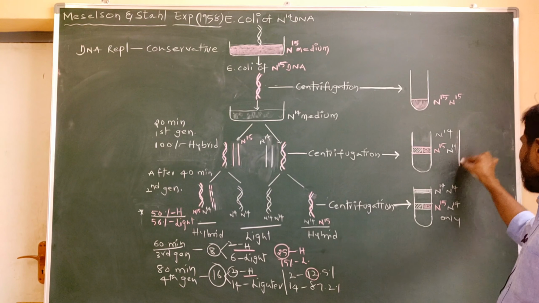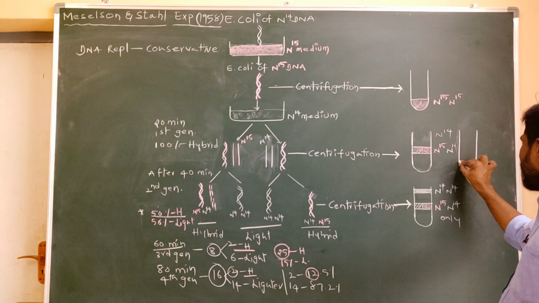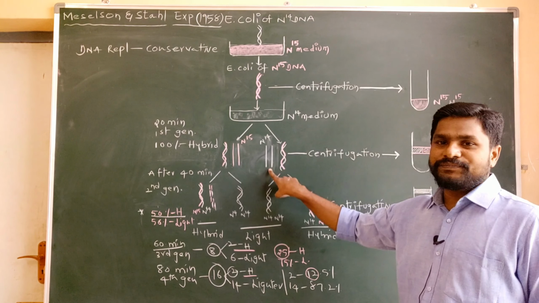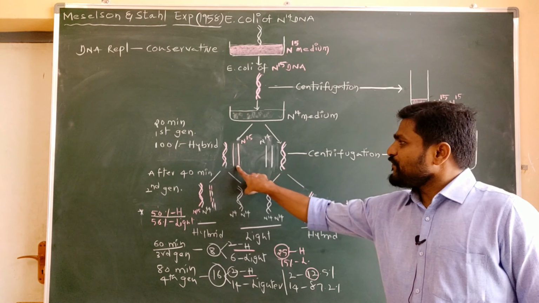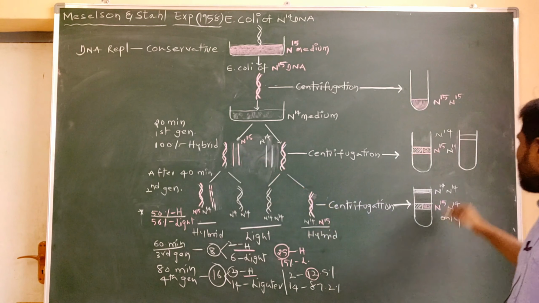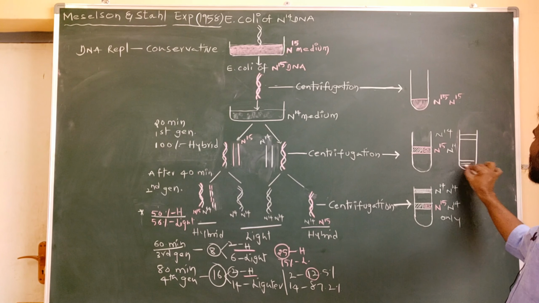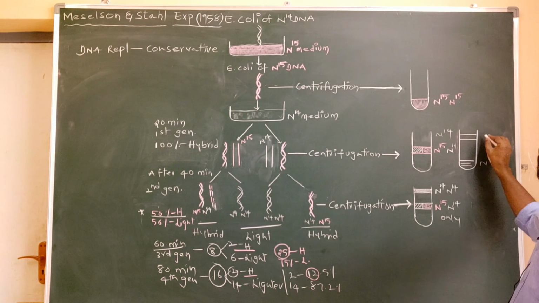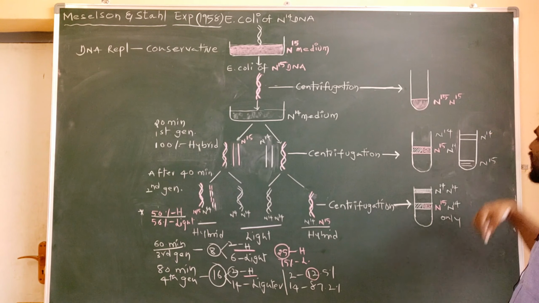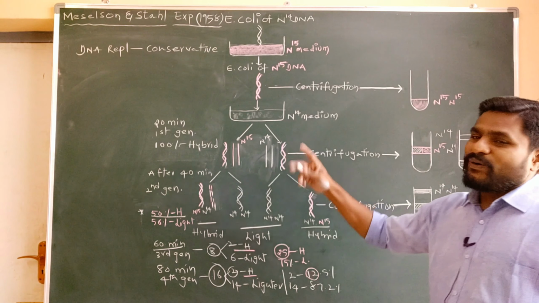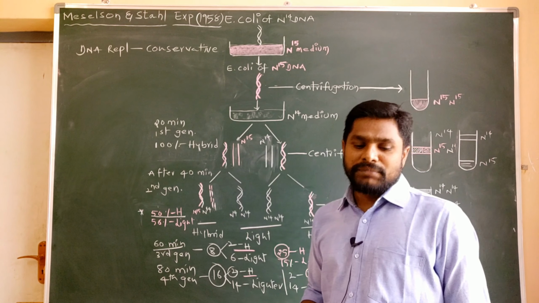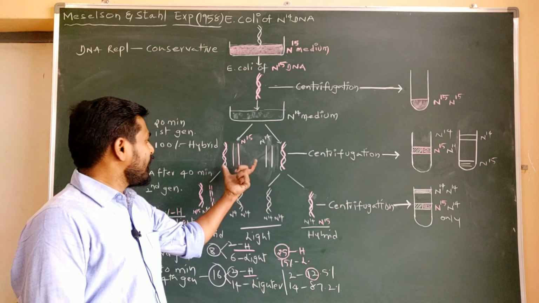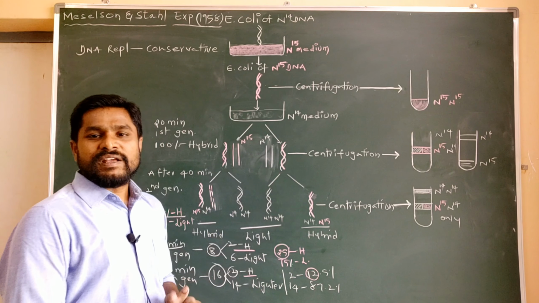The N14 DNA containing E. coli cells form a band at the top, and the N15 DNA containing E. coli cells form a band at the bottom. So this is heavier N15 DNA and this is lighter N14 DNA of the E. coli cells of first generation, but actually they did not get this result, they got this result in their experiment.